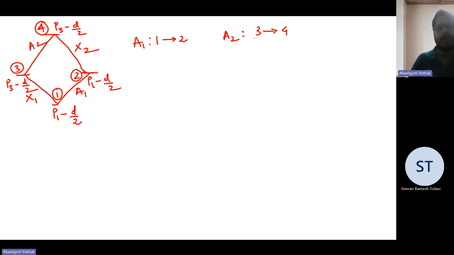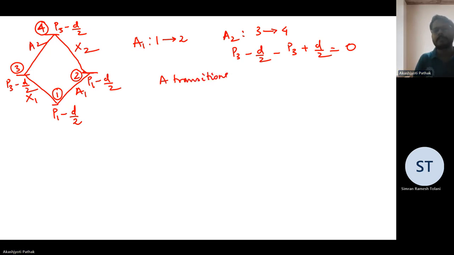P3 minus D by 2 minus P3 minus of minus D by 2, so plus D by 2. The net result is 0. So these A transitions will not lead to any NMR signal.